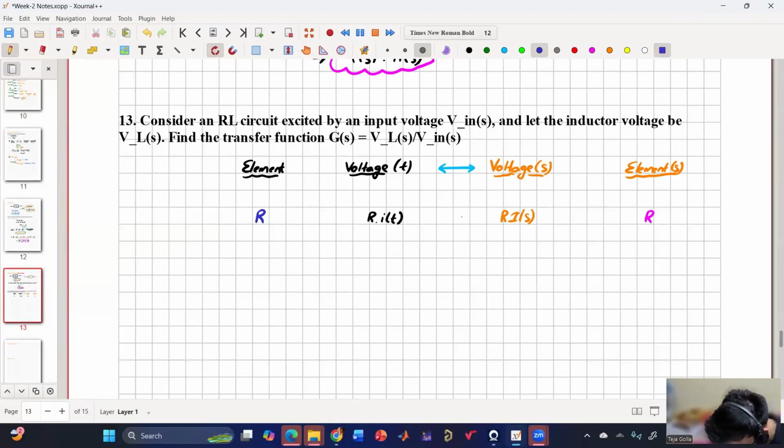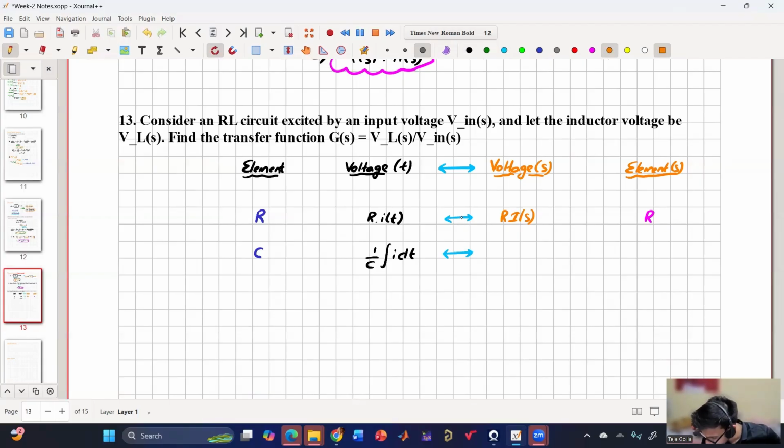So if you consider capacitor, what is the voltage in a capacitor? I is equal to C dV by dt, right? So if I calculate voltage, it will be 1 by C into integral I dt, right? So now if I apply Laplace transform, it is time integration, which means there will be a 1 by S term in the voltage.